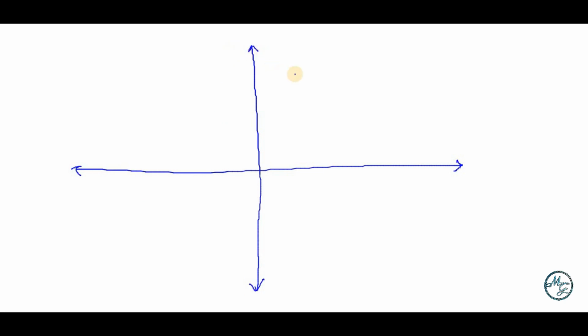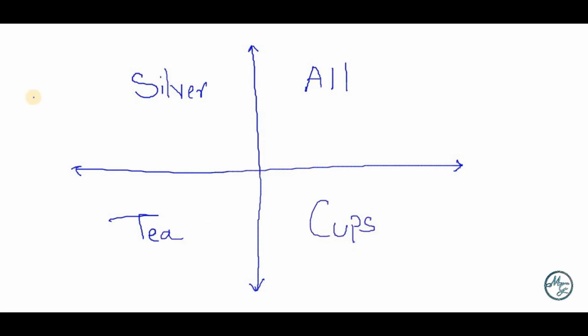Write all, silver, tea, cups. So in first quadrant, when I say all, it means all the trigonometric functions are positive.